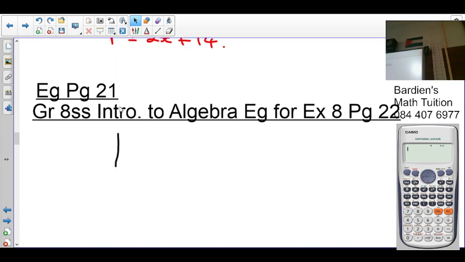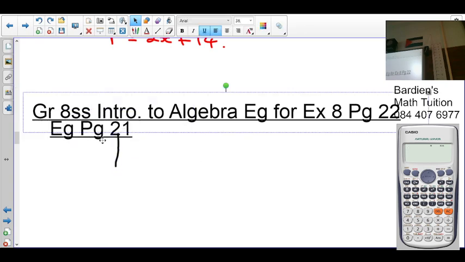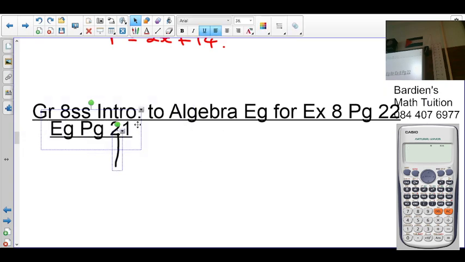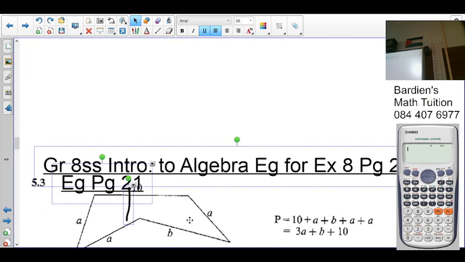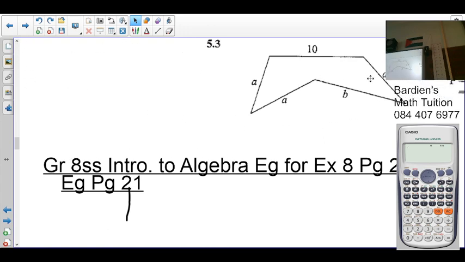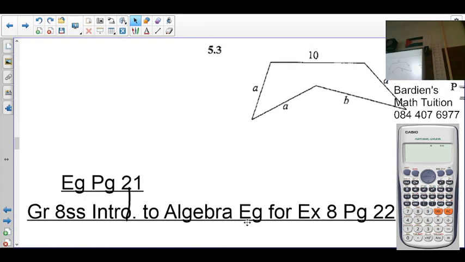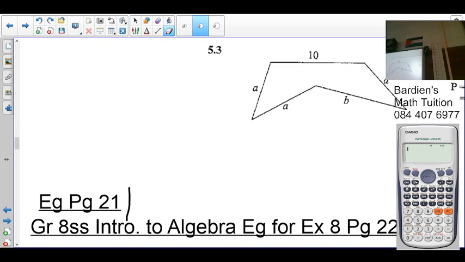Right, let's do one more. What type of shape is this? You don't know what this is? How many sides does it have? 5.